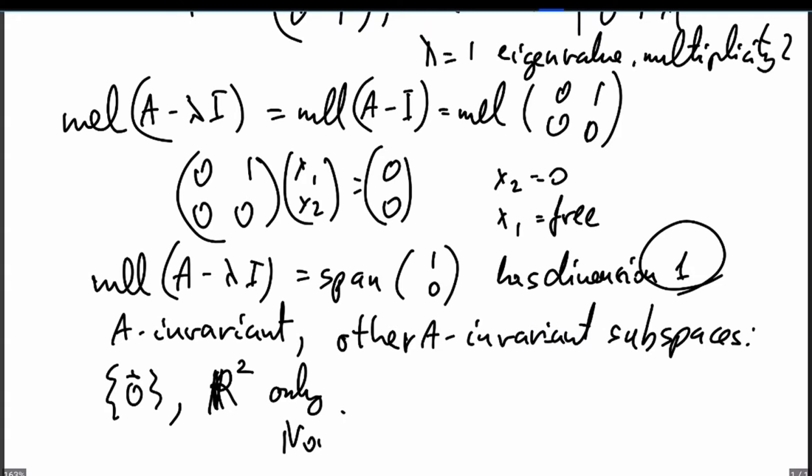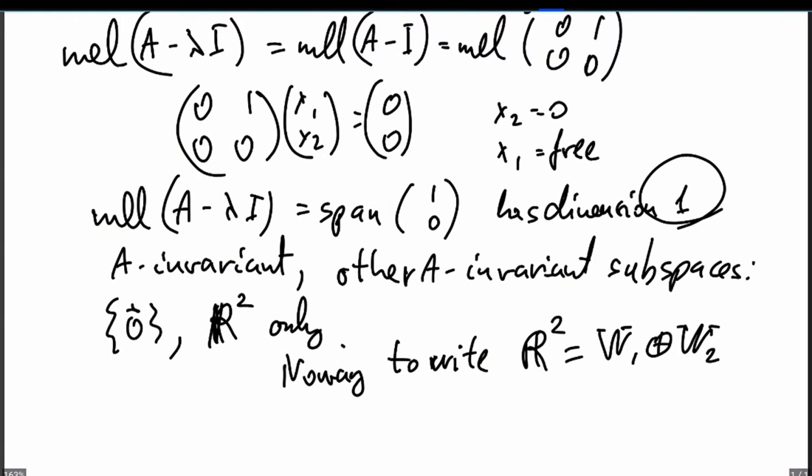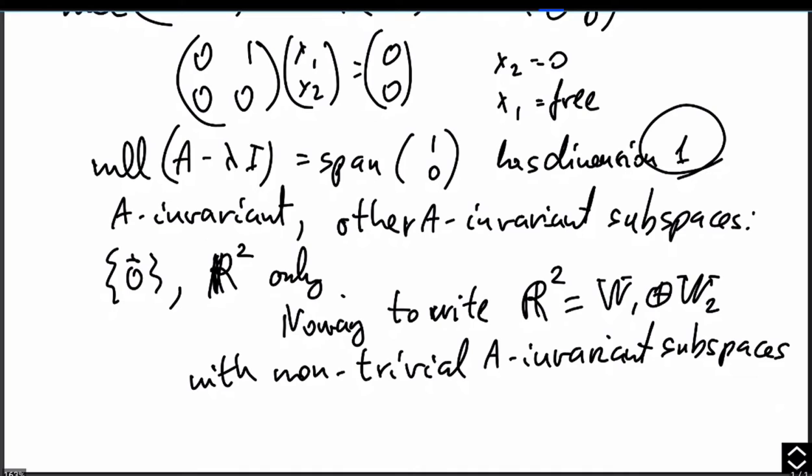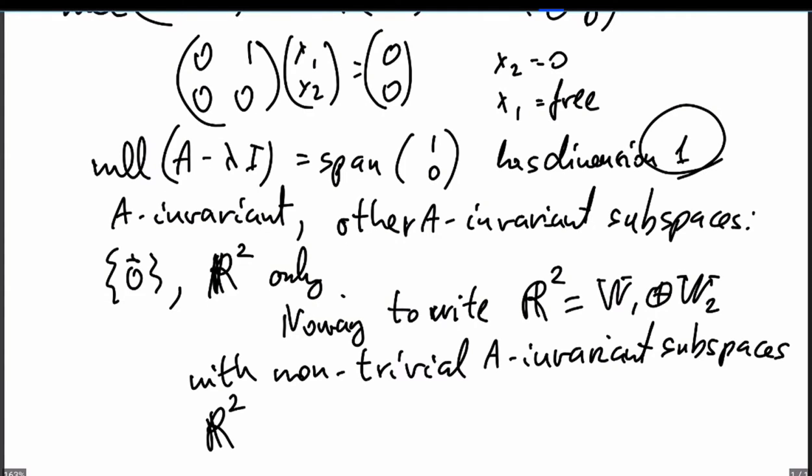So that means there is no way to write R square equals W1 plus W2 with non-trivial A invariant subspaces. The only way we could write this is R square equals the 0 subspace plus the R2 subspace itself, but this is trivial.